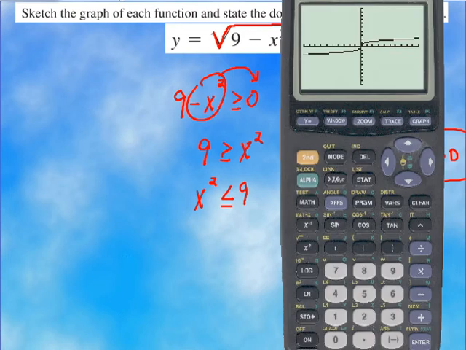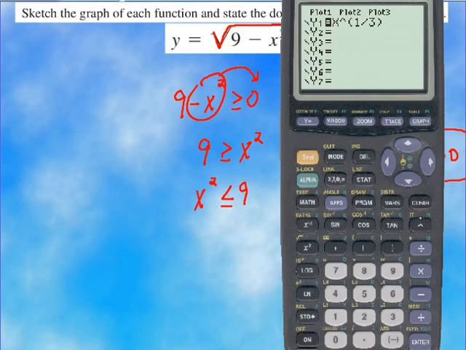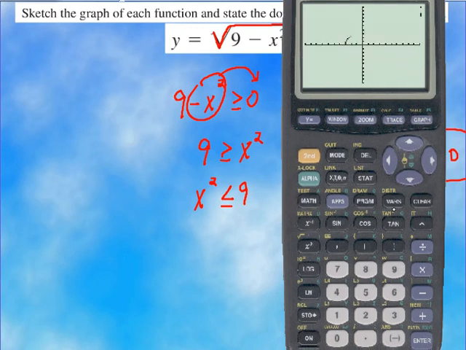Do I have to do it by hand anymore? No. Do it with a graphing calculator. The square root of 9 minus x squared. Graph. Looks to be half of an ellipse there, or half of an oval.